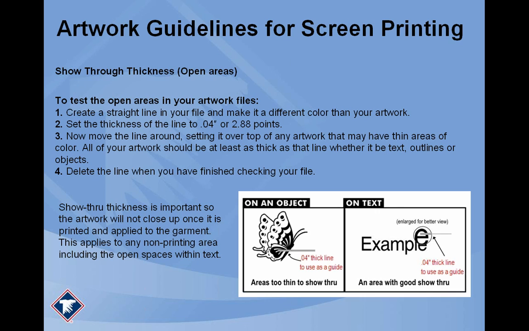When you apply the heat and the pressure from the press, the ink on a transfer expands just a little bit. And if an area is not thick enough, then that expansion will close it up. Okay? So in this case, the minimum requirement is 0.4 inches, or 2.88 points.